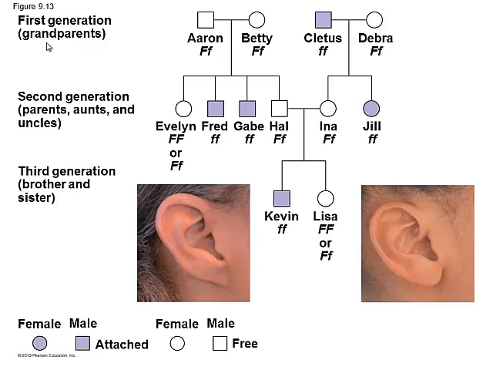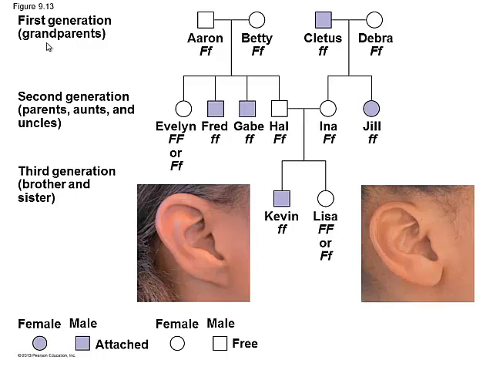You know, where did that person, Kevin, get his attached earlobe from? Well, Aaron and Betty up there, what were they? They had free earlobes. But free earlobes is a what?